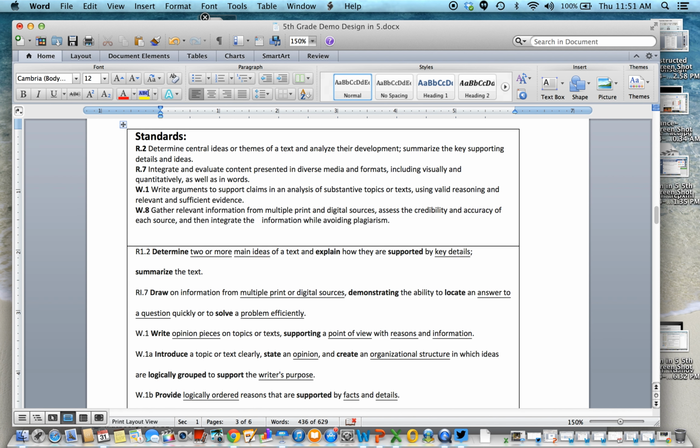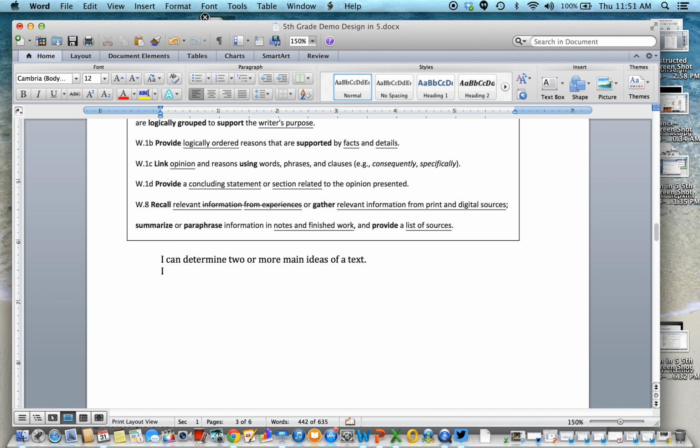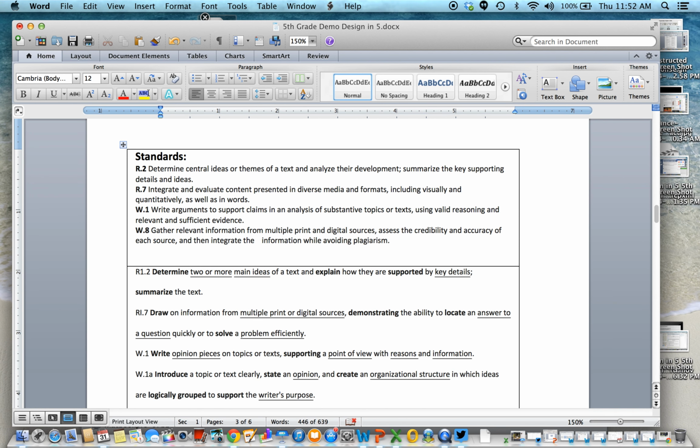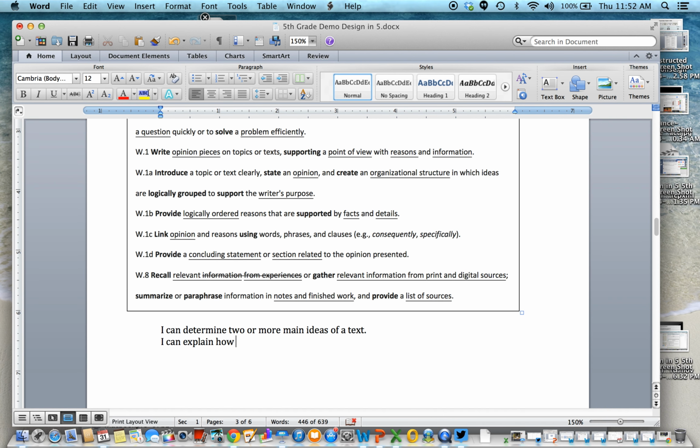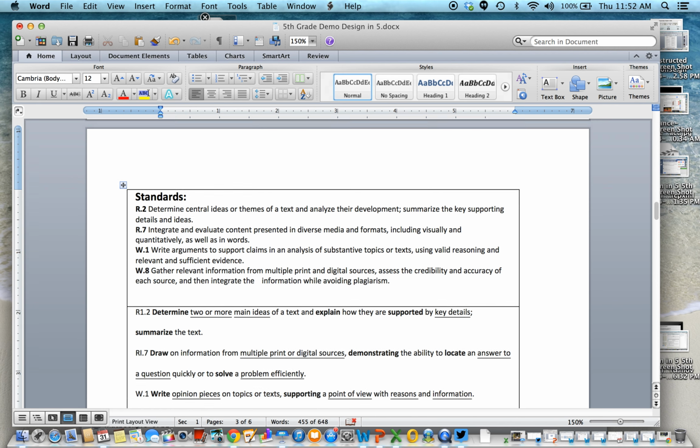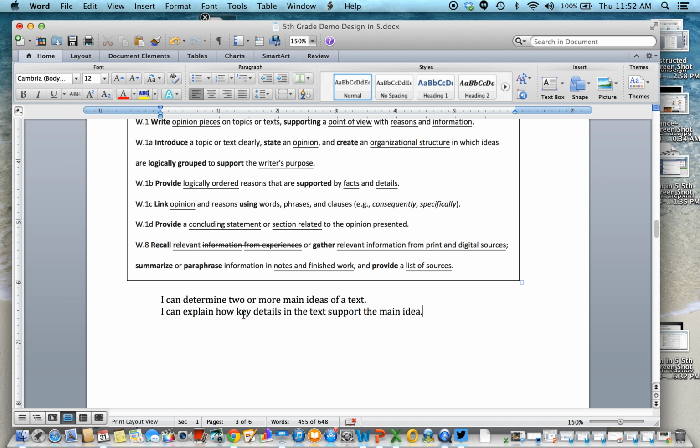All right, and then I can explain how key details in the text support the main idea. Okay. And then I can summarize the text.